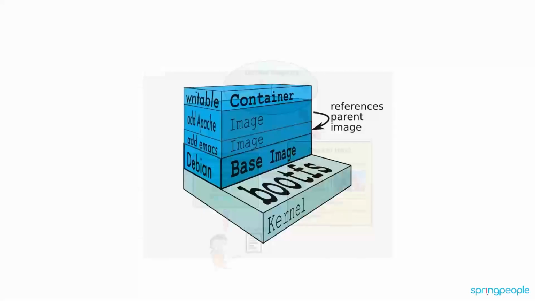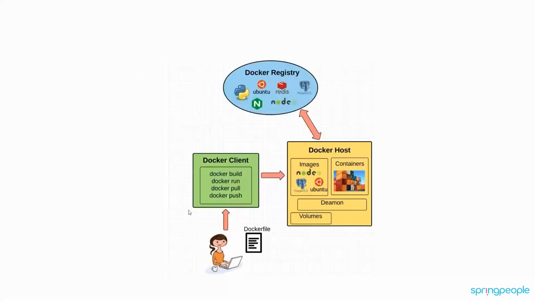All right. Now coming back to this particular image, once we build our Docker image, we are going to share that image. Just like when we create our artifacts, we upload that artifact into some repository, whether it is a Maven repository or a Nexus repository.